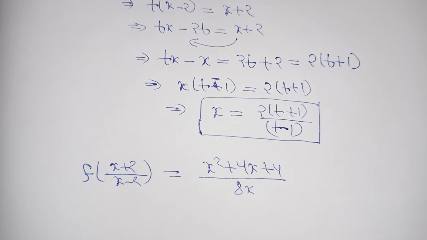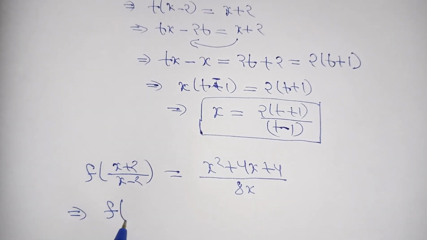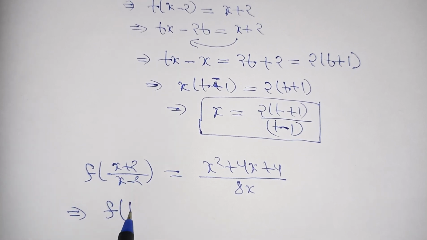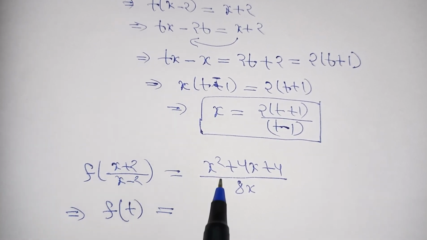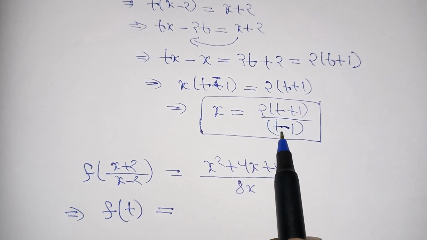Now we replace x by t, so f of this whole portion is t, and x is 2 into (t plus 1) upon (t minus 1).